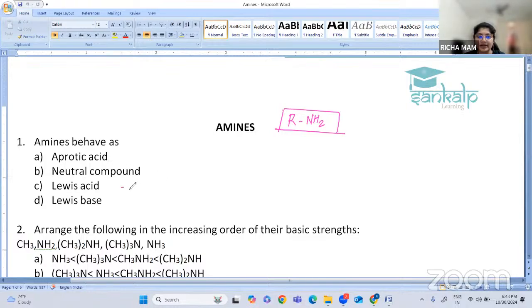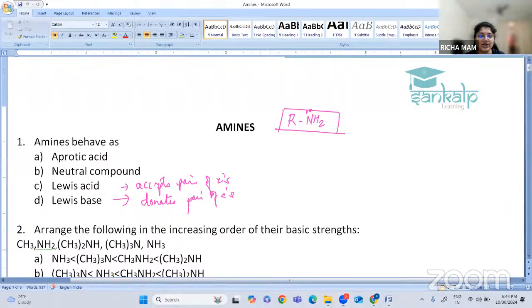Then what does a Lewis base do? It donates a pair of electrons. So after seeing the structure of amines, what do you say? Accept protons, donate electrons.